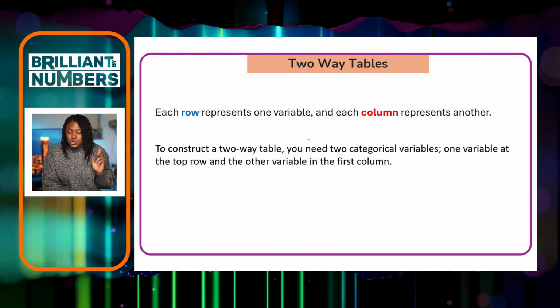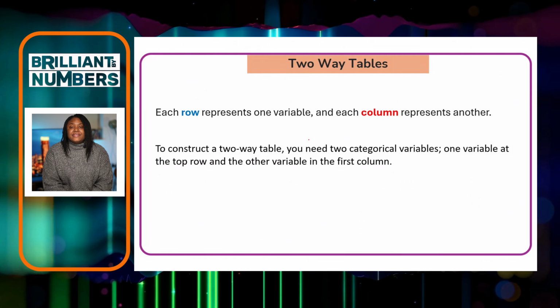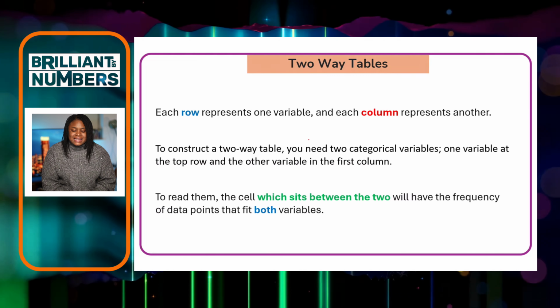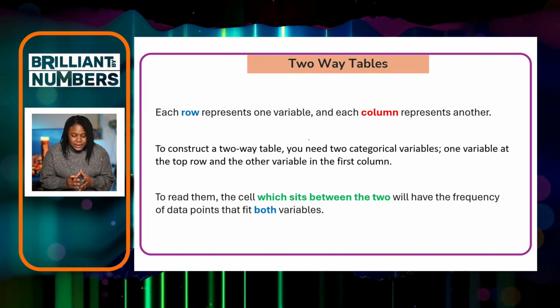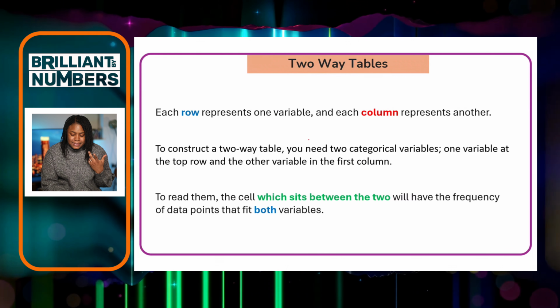One variable is at the top row and the other variable is going to be in the first column. Now to read them, the cell which sits between the two will have the frequency of data points that fit both variables. So in this lesson we're going to look at completing one, and then after we complete one, we're going to learn how to draw the table, and then we're going to learn how to interpret the table as well.